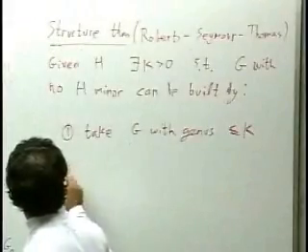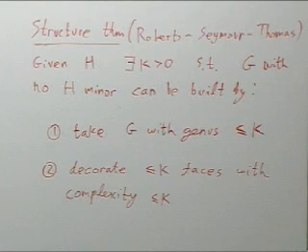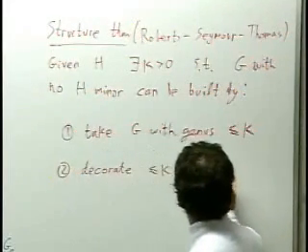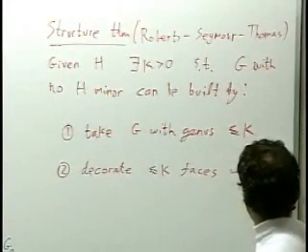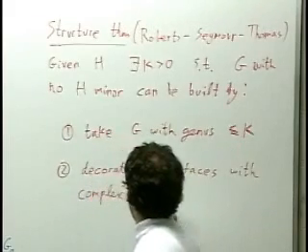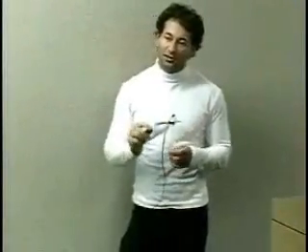And the second step, you're allowed to decorate at most K faces with complexity at most K. I'll say in a few minutes what this means, but roughly, the graph is embedded on the surface, and you have the faces, and within a face you can add some vertices which are connected to the boundary of the face in some way.